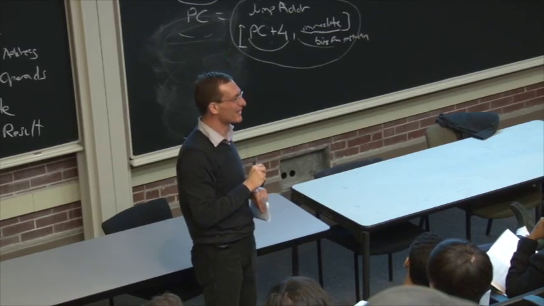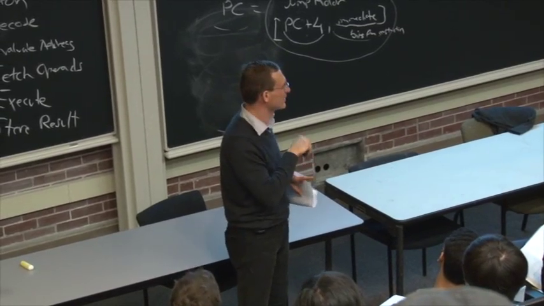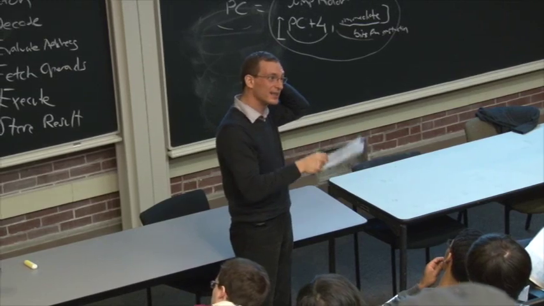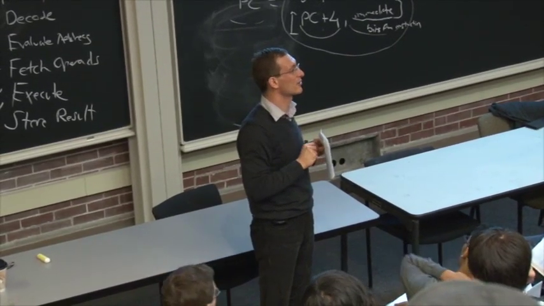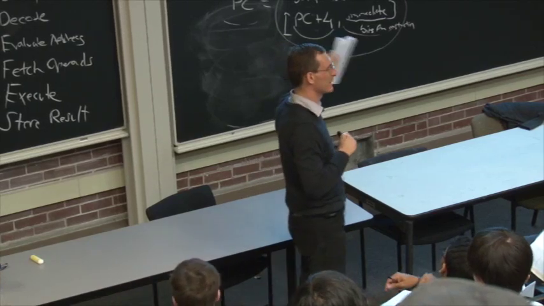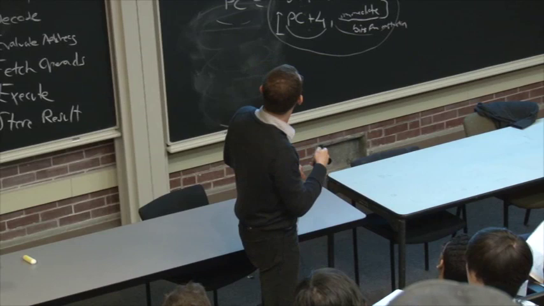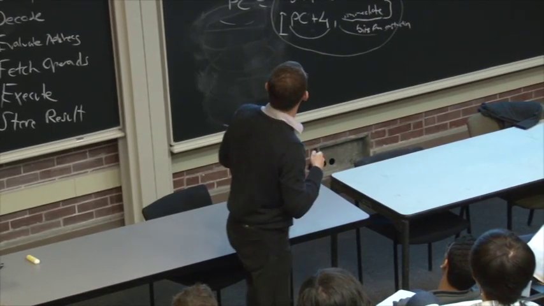It'll be a lot easier if you actually do Appendix C. If you haven't done it by today, definitely do it by Wednesday, because Appendix C is where you can get the idea of how a microcoded machine works. I'll teach you in lecture, but readings also have their place. You can do them at your own pace, and that way you can ask more in-depth questions and actually learn more.